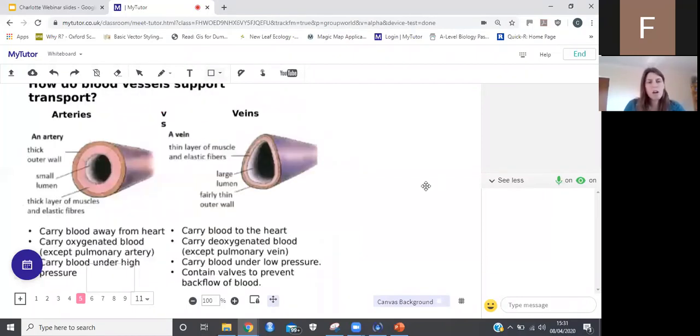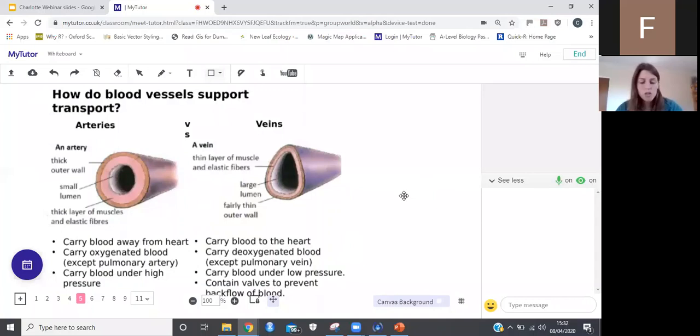So we've talked about our heart and what pumps our blood around that transport system. But what about the vessels themselves, the tubes that are the part of that transport system and that transport the blood? So you need to know the differences between arteries and veins and how they are adapted to their function.